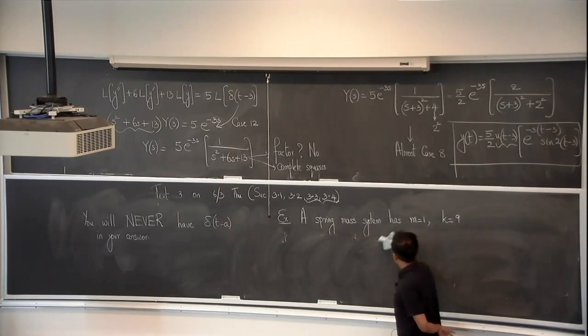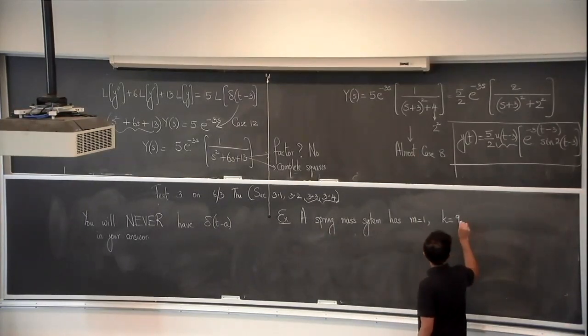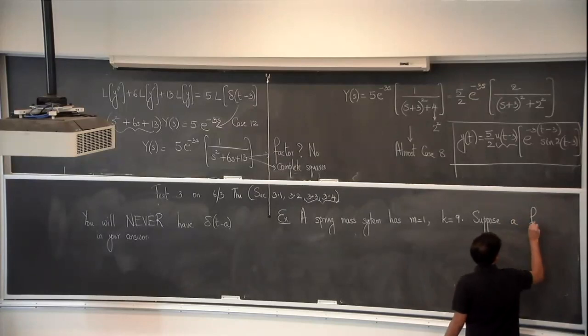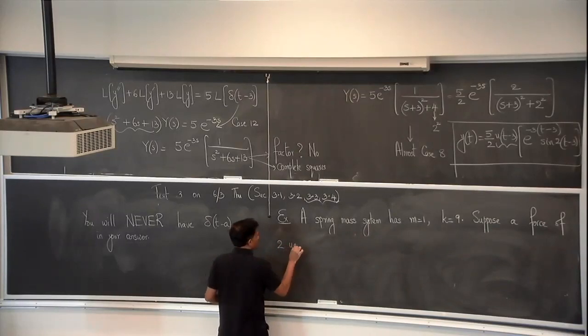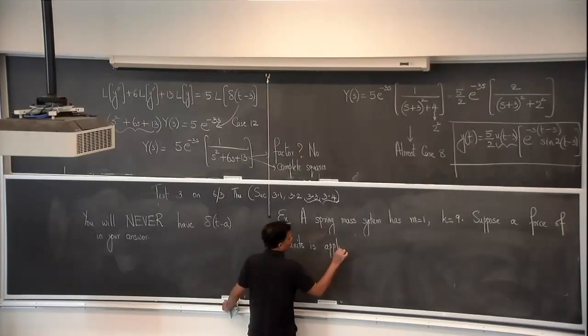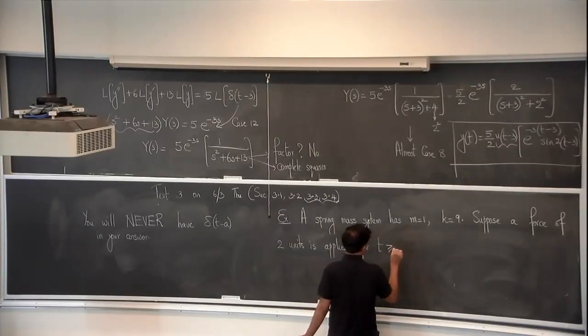I turn the damping off just to keep the problem sane. Okay. So suppose a force of two units is applied for t greater than or equal to 4.